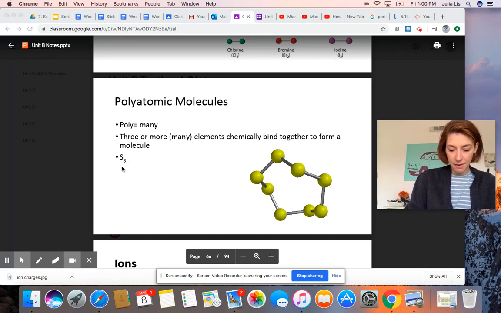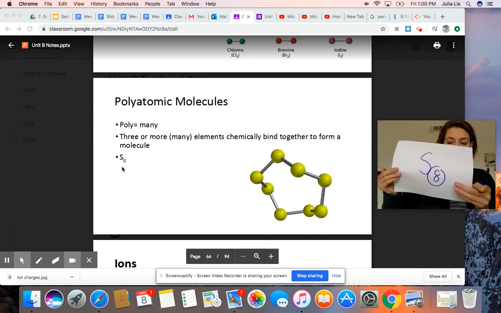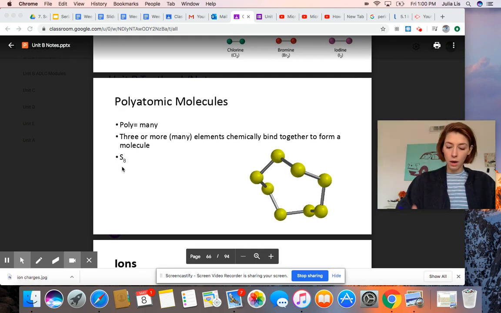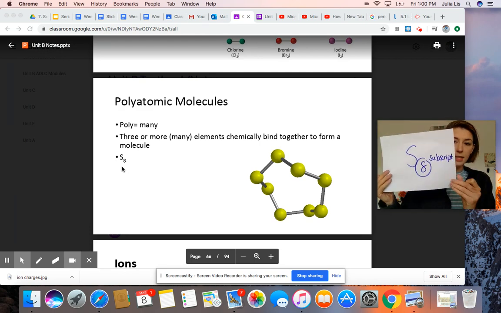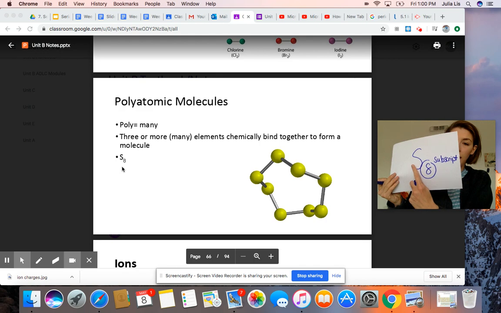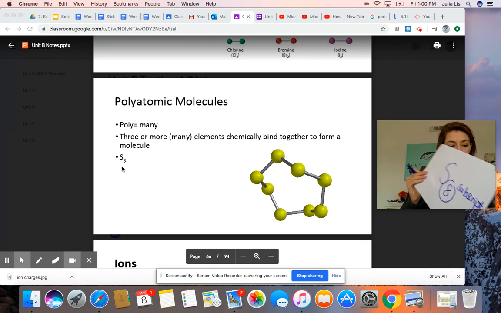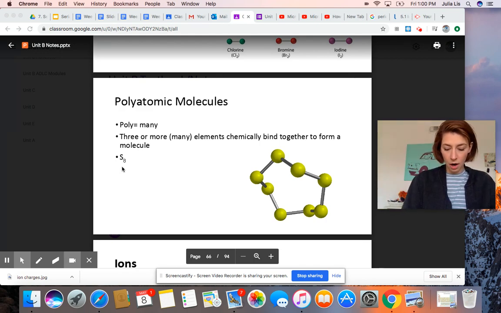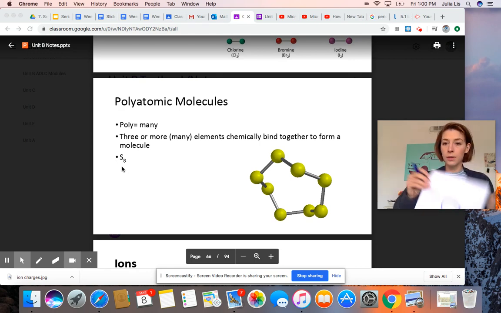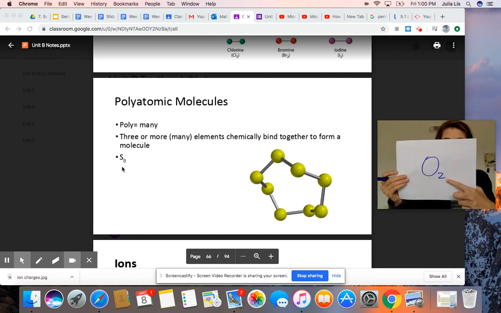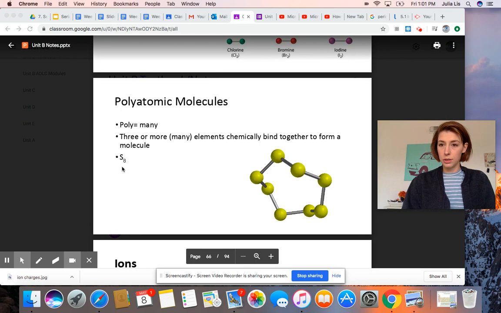If I have S8, this 8 here is what we call a subscript. It tells you how many of that element you have. Oxygen is a diatomic molecule, so it likes to sit in 2. So you have a 2 there. It tells you that you have 2 atoms of oxygen.